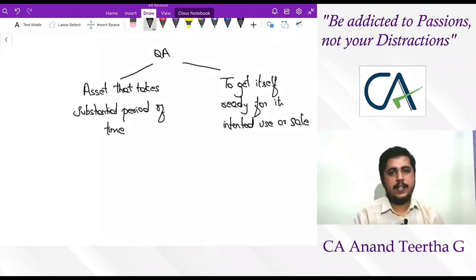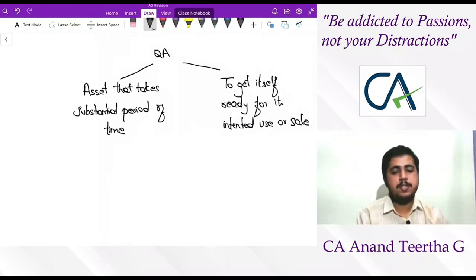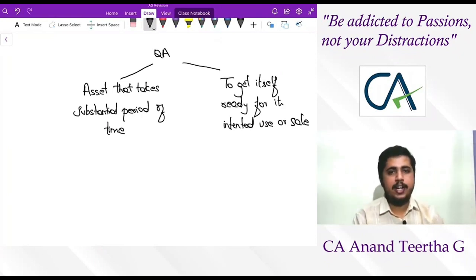So qualifying assets are those assets which take substantial period of time to get itself ready for its intended use or sale.